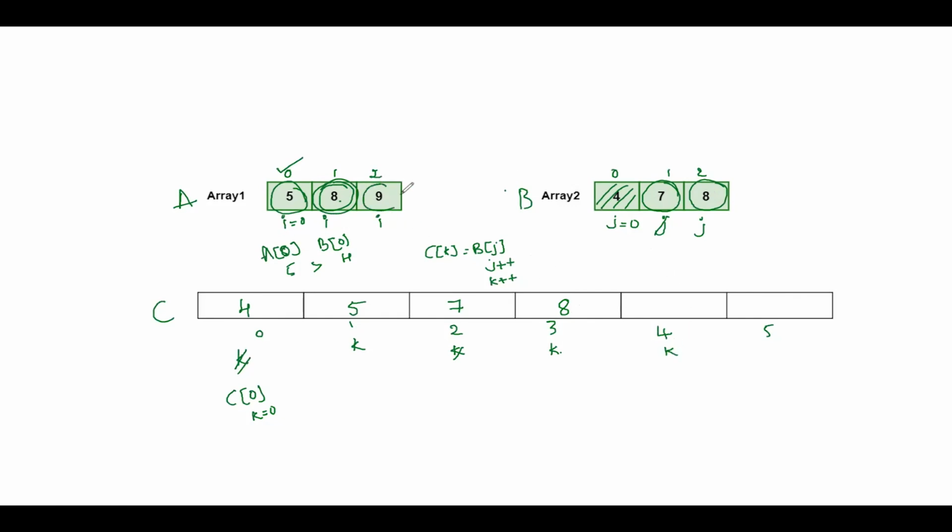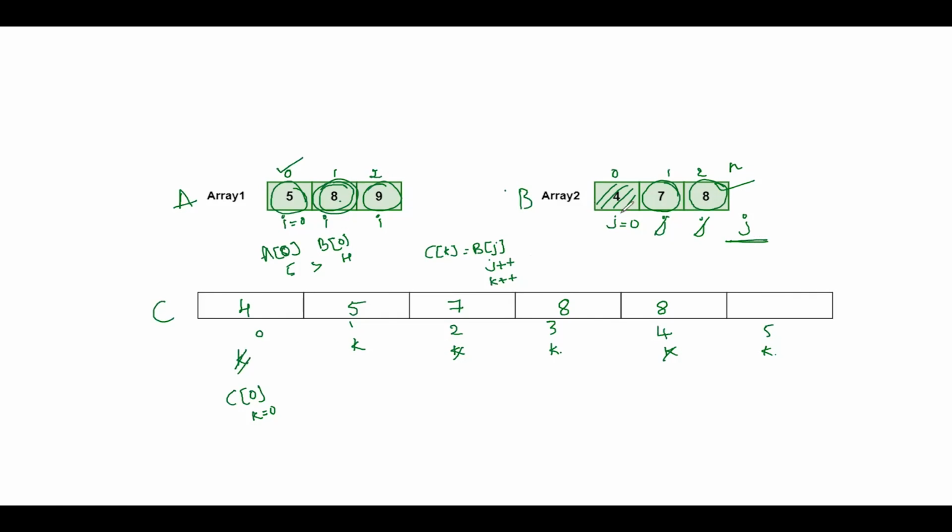Next, compare A of I with B of J. Here in this case, the smaller value is B of J. Hence, we are going to copy the value of B of J and increment the J value as well as increment the K value over here. Now, of course, we need to put a condition that if the size of the array I'm talking about is n, the moment j crosses the value of n, we are going to stop the algorithm.